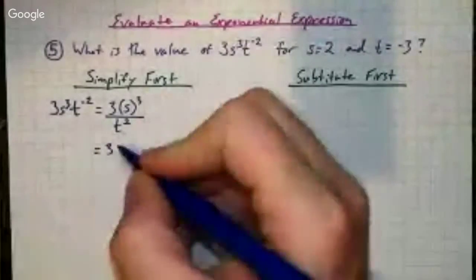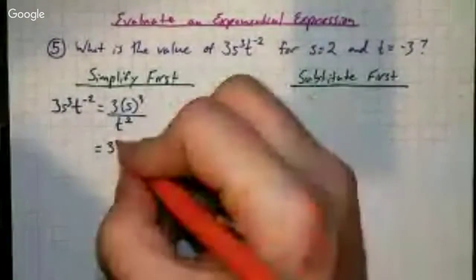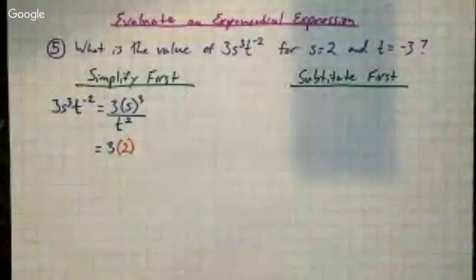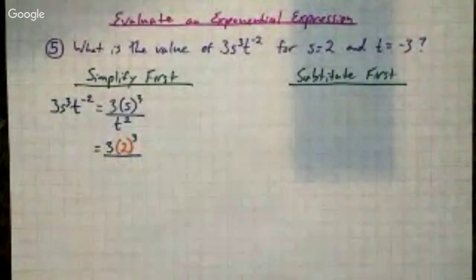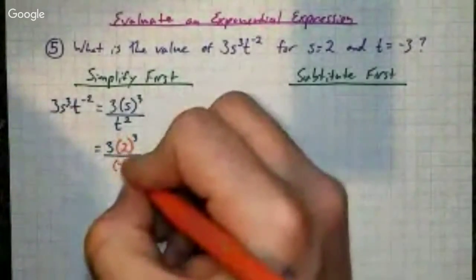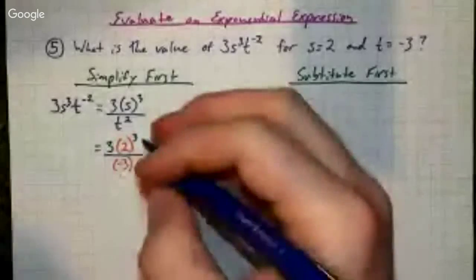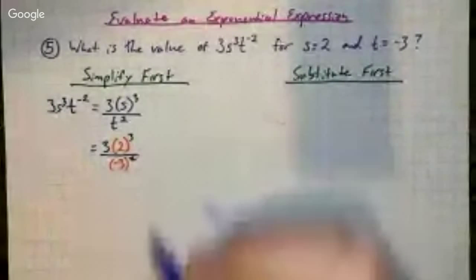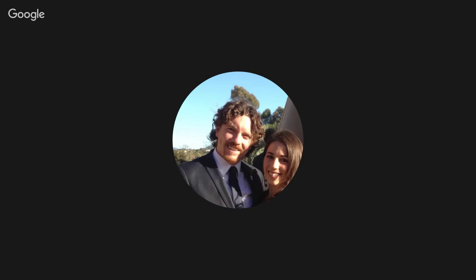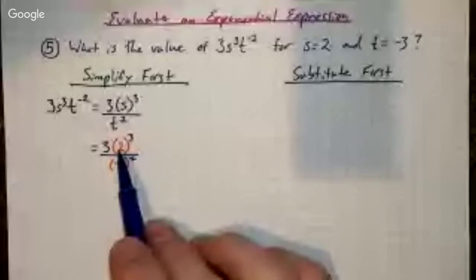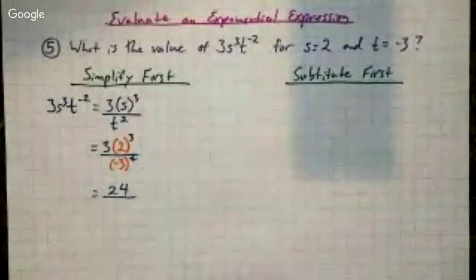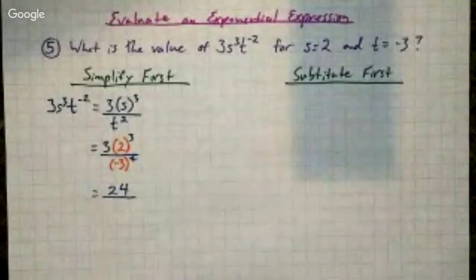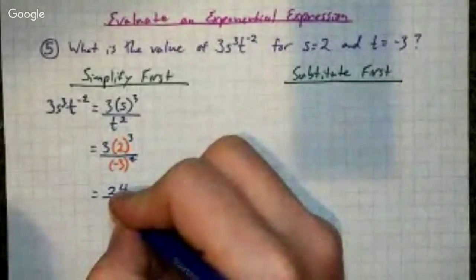So now we have 3 times 2 to the power of 3 over negative 3 to the power of 2. 2 cubed is 8, and 8 times 3 is going to give us 24 over negative 3 to the power of 2. 3 times 3 is 9, and negative times negative is a positive. So it's going to be 9.